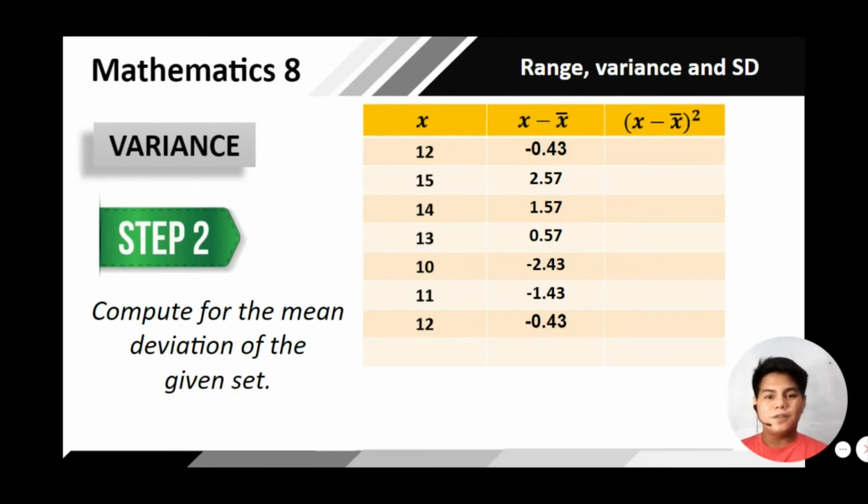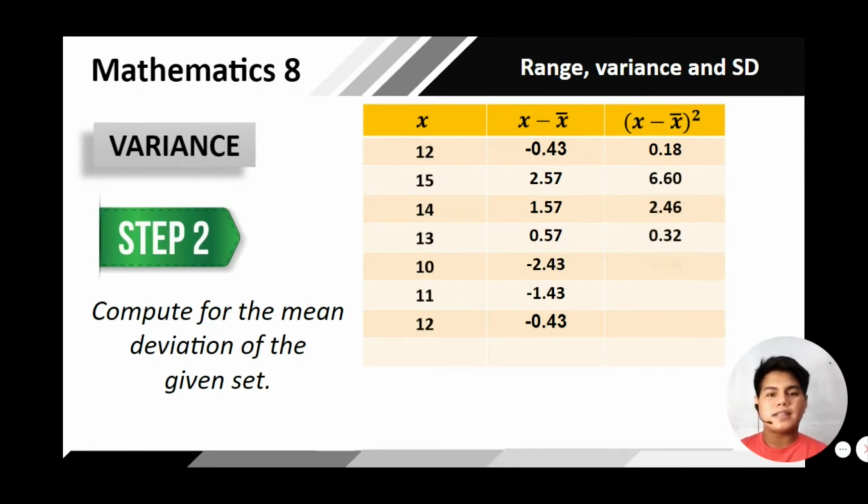On the last column, just simply square the value in the second column. For example, negative 0.43 squared is 0.18, or negative 0.43 times negative 0.43 is equal to 0.18.